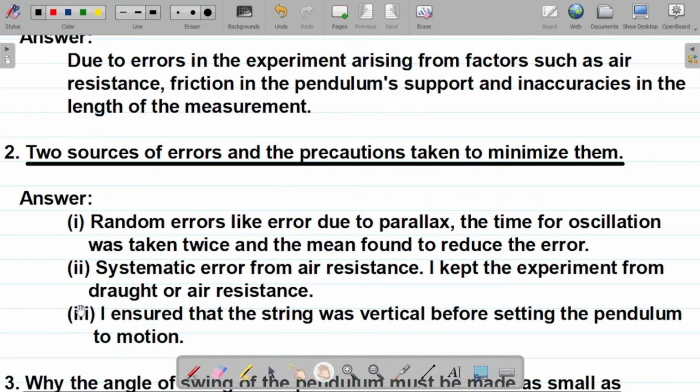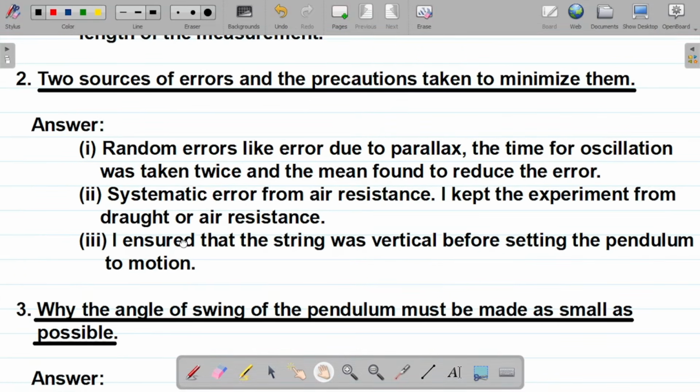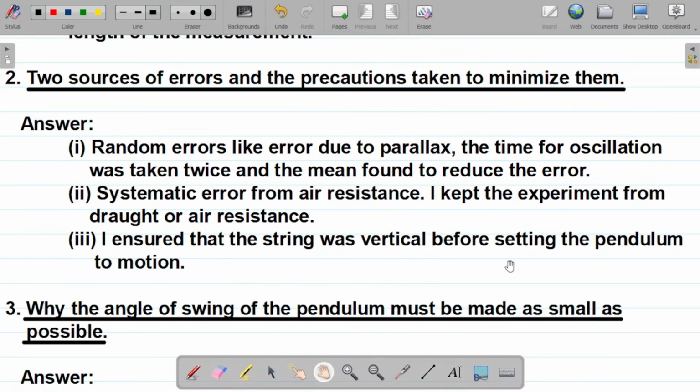They asked for 2, but let me give an extra one. The third one is that I ensured the string was vertical before setting the pendulum in motion. So before you tilt the pendulum to start moving left and right, ensure that the pendulum was straight and vertical before you start swinging it. So these are the sources of error and the precautions we've taken to minimize them.